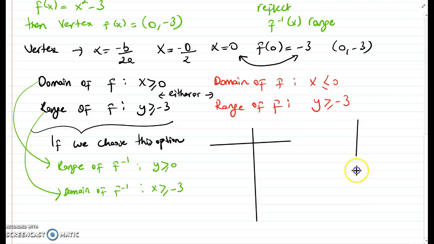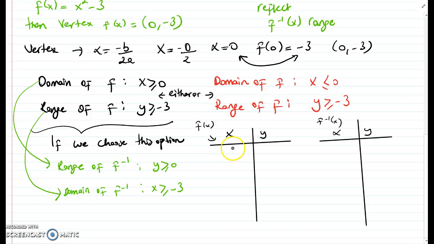Let's say this one for f inverse of x. So my x and y values for f of x here. Let's pick up some values for x greater than 0, and let's reflect them for f inverse of x as x and y values.